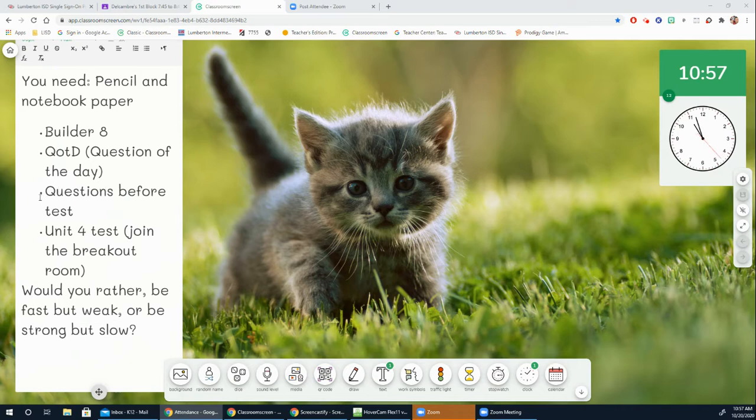All right, let's go back. I took any questions before the unit test. Okay, and the unit test is in your portal. And you need to go to your Eduforia online testing. For some reason, it does not want to be pulled up today.